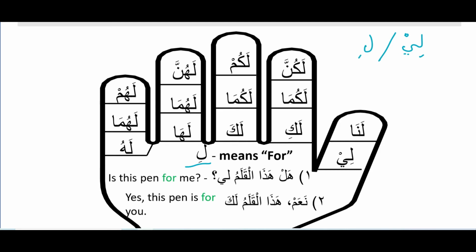When it shifts to the nahnu onwards position, that means ana is the first, second will be nahnu, and then all the way to the end. So from nahnu onwards, the lam has to be in the uppercase. Understand? This is the formula.